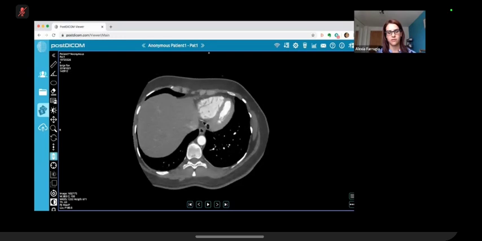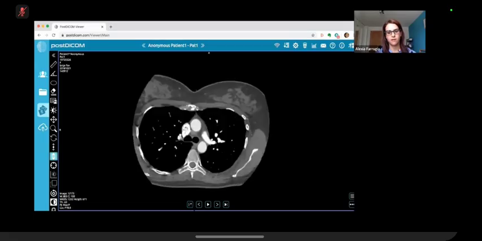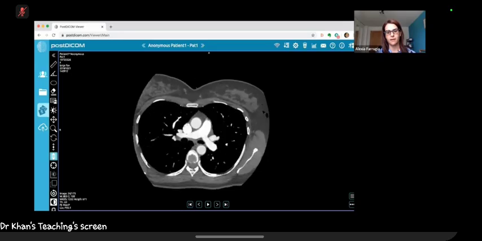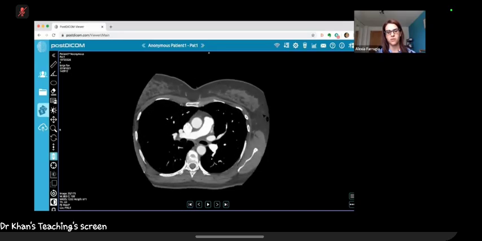Okay, so that's the right coronary terminating as a PDA. Yeah. So that's the dominant vessel. If we go back and follow it, follow the right coronary from its origin, and tell me what you think.